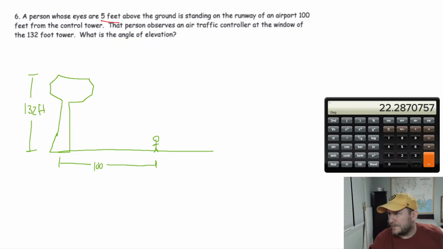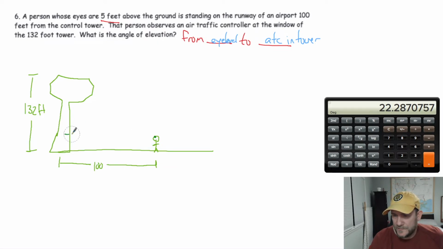This question is written pretty badly, actually, because if it says, what's the angle of elevation, I'm asking from where to where, because the potential answers here are from eye level to the air traffic controller in the tower. Or is it from the ground? And it's not from the ground. That wouldn't make sense.